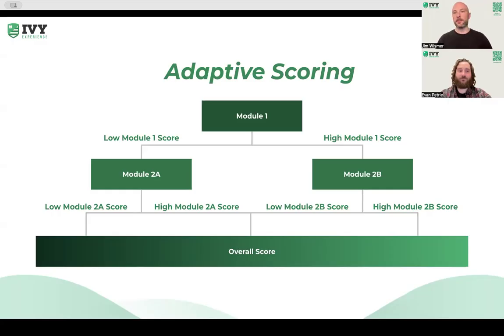I've had parents call me and say, hey, what's the strategy, with our goal score, could we maybe get some questions wrong in module one on purpose to test into the easier second module? And then maybe we have an easier time getting to our score by absolutely acing the easier one than mucking through the harder one. And I just want to say emphatically for everyone here, never get a question wrong on purpose on the SAT.